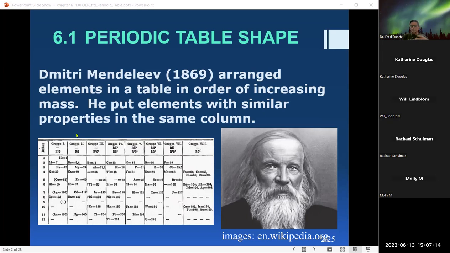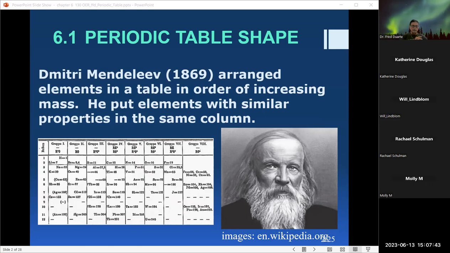Keep in mind, this is way before our model that we have now with respect to electrons. So just the powers of observation, seeing that certain elements reacted very similarly. So he put them in there. It turns out they react very similarly because they share the same number of valence electrons and therefore share the types of reactivity, okay?